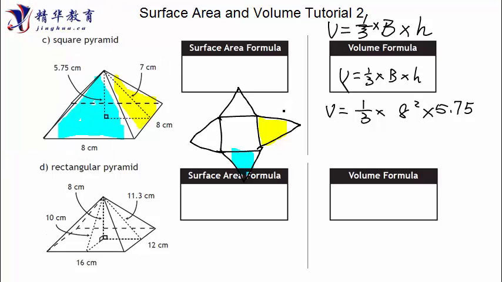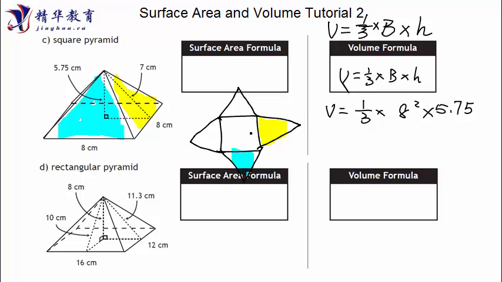So for the surface area, we're looking for 1, 2, 3, 4, 5 different sides: 4 triangles and 1 square. We just find the area of each of them and add them up, and that's it.